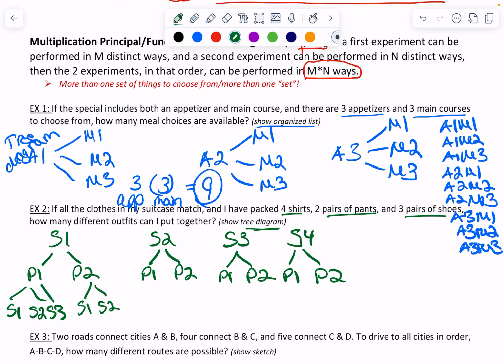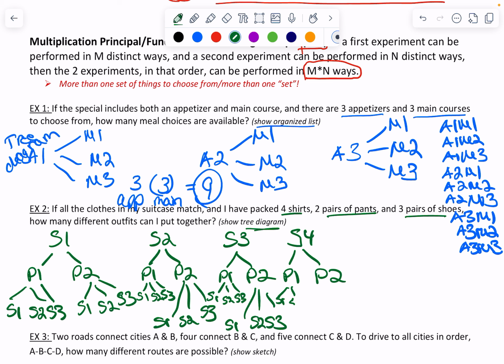So here's shoe 1, shoe 2, and shoe 3, and the same for each of the other sets. Let's see how much room we've got here.